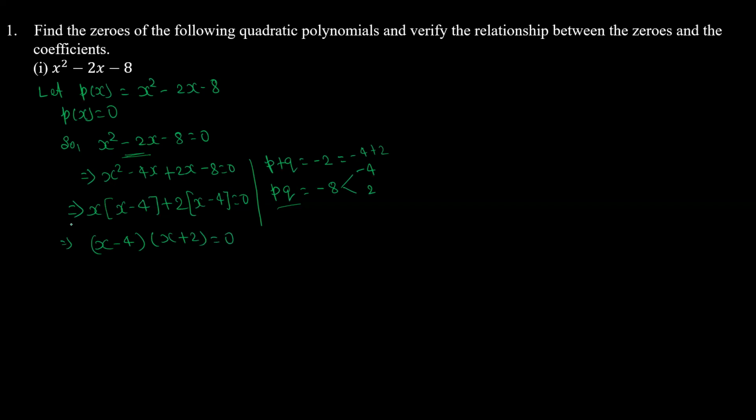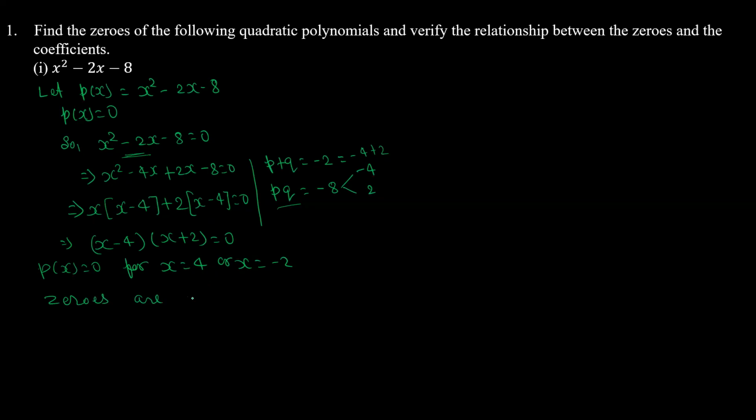So यहाँ पर p of x is going to be 0 for x equal to 4 और x equal to minus 2, है ना? कोई भी वैल्यू से ये 0 होगा. So finally that zeros are, क्या क्या जीरो आया?